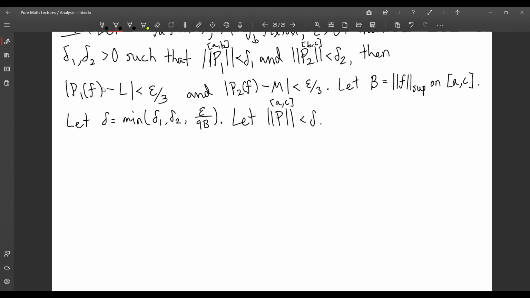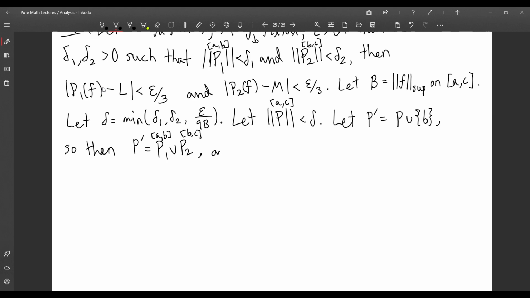Now let P prime be P union the point B. So then P prime is a union of partitions on AB and on BC, and the mesh of P prime is still less than delta.